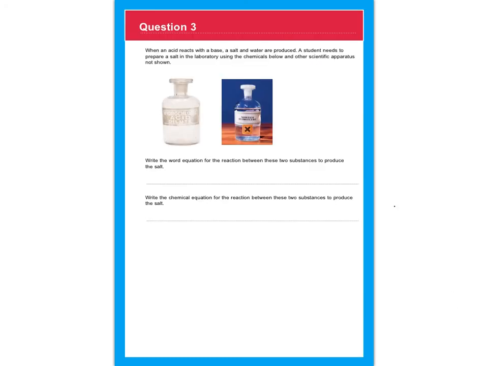Okay, question 3. When an acid reacts with a base, a salt and water are produced. A student needs to prepare a salt in the lab using the chemicals below and other scientific apparatus not shown. We have to write the word equation for the reaction between these two substances to produce the salt. So we would have, this is going to be a long one, hydrochloric acid plus sodium hydroxide gives sodium chloride plus water.